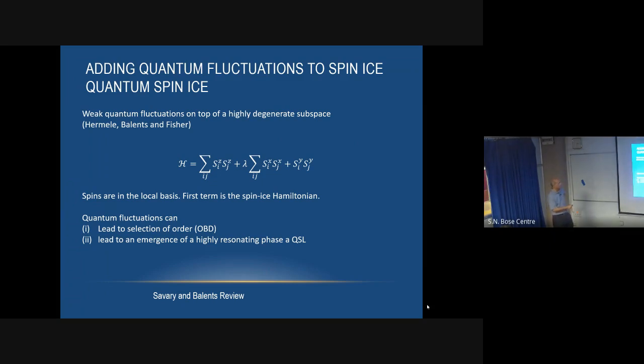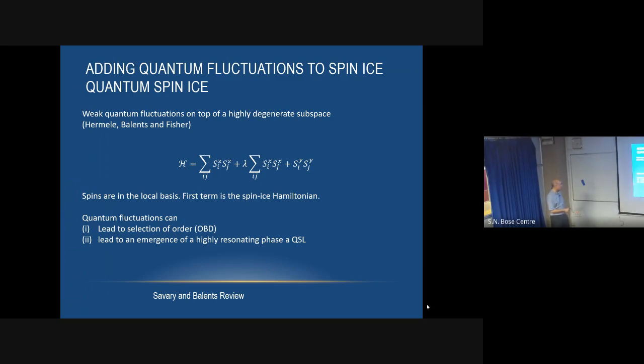In general, whenever you have such a situation, quantum fluctuations can do one of two things. They can lead to a selection of order. They can actually pick out one state out of the many degenerate states, or one small set of states. That is called order by disorder. That's a very common phenomenon, and I might have an example of that later on in this talk.